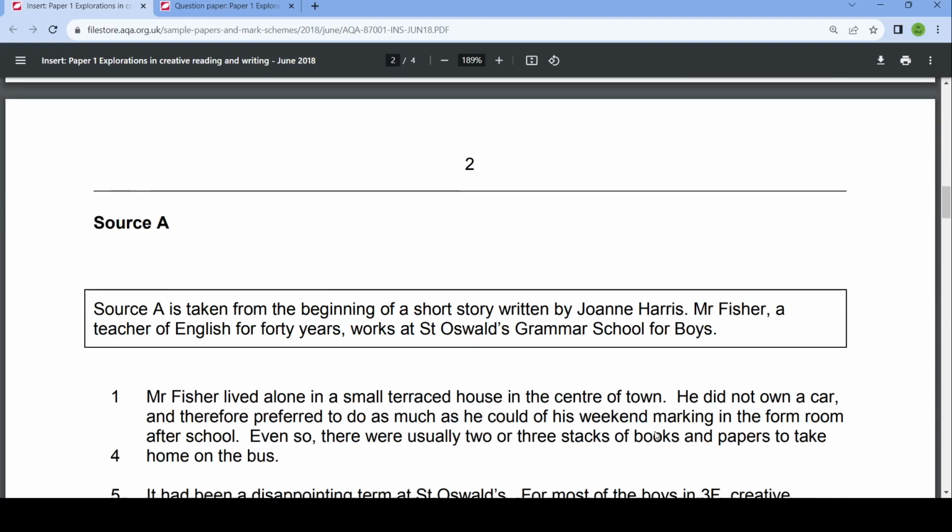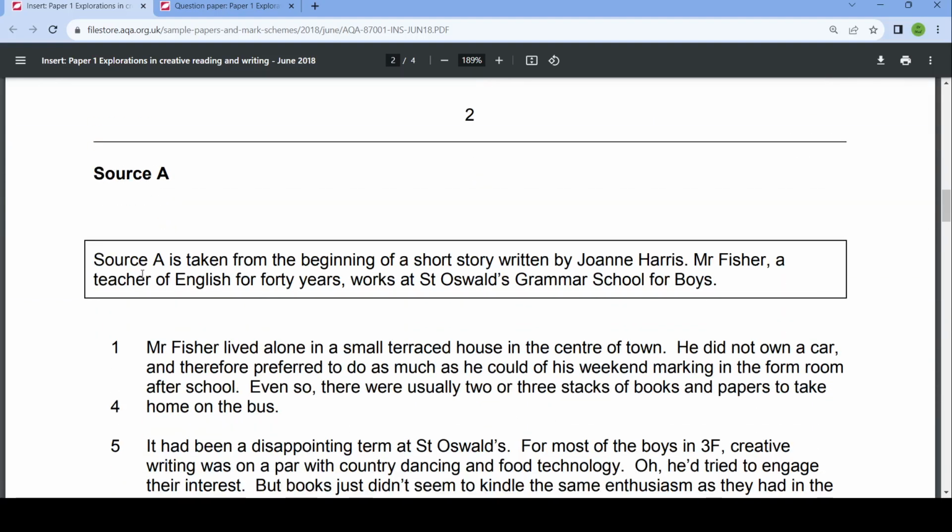And then you've got the source. Now, here again, you'll see they don't give you a lot of background information. So the bit that they do give you, you really should take advantage of. So it says here, source A is taken from the beginning of a short story written by Joanne Harris.